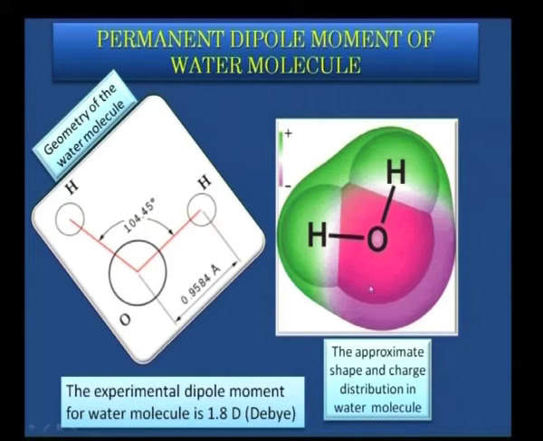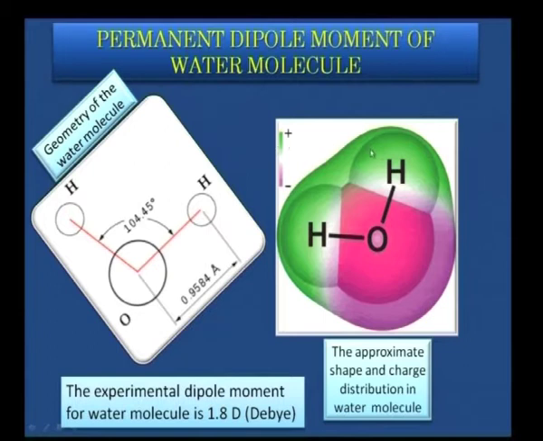In the diagram, wherever you see the red region, it is negative. So you have negative charge accumulated here. The important point to understand is that this region will be more negatively charged compared to this region.